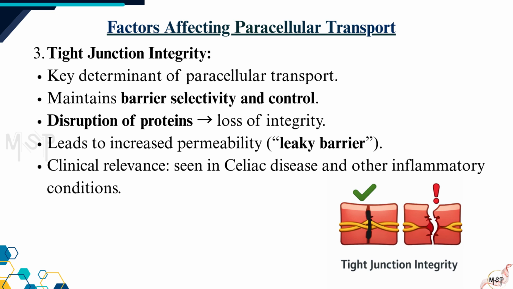If the structural proteins are degraded by disease or chemical signals, the barrier loses its selectivity entirely, leading to uncontrolled leakage. Clinically, compromised tight junctions are at the core of diseases such as celiac disease, where inflammatory reactions disrupt the intestinal barrier, allowing antigens and toxins into the bloodstream.